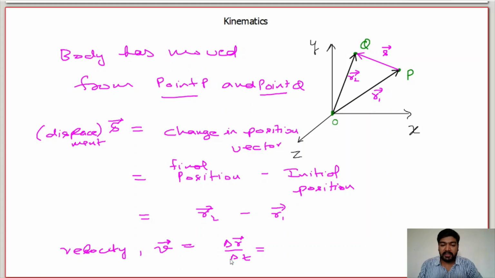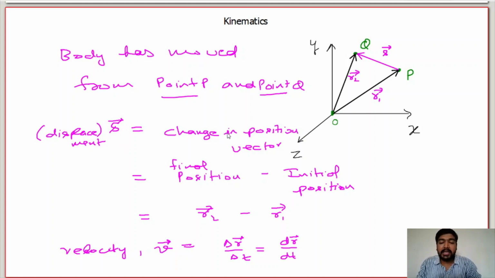If this change in position vector is very small, then we can write this as dr upon dt. This comes when we take the limit where delta t tends to 0. But we will not go into that much detail. We all know that this happens. Clear?